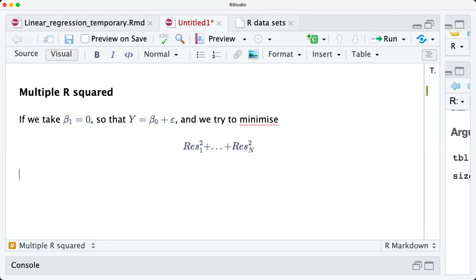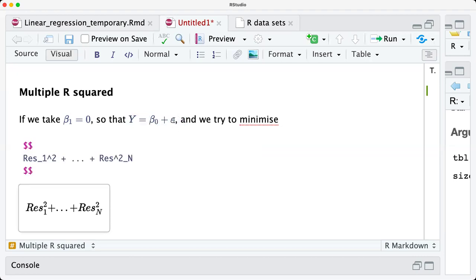So what do we obtain? Well, we obtain that beta 0 is the mean. These are computations that can be made. You can see it from here, since the noise has mean 0, so the mean of y is beta 0.